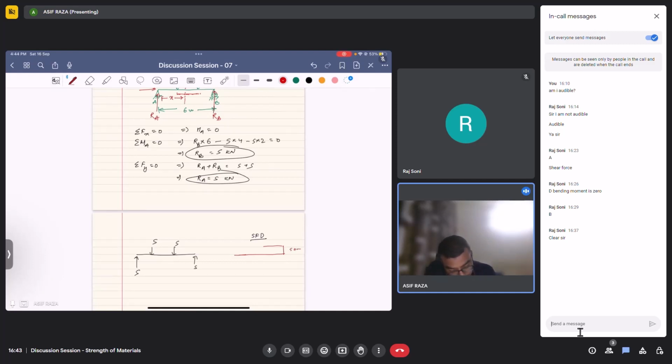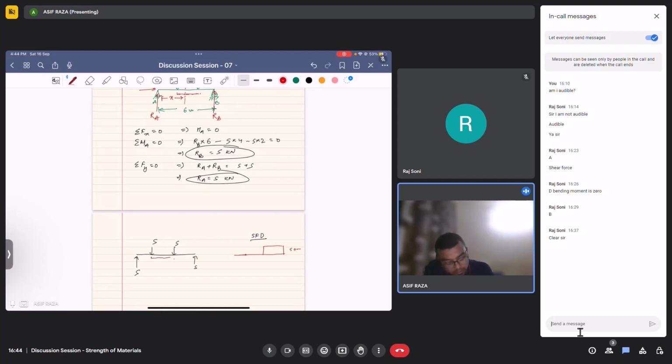Then again at this point, some part of it is negative, so 5 minus 5 will make this thing 0. Then again we'll traverse to this, and when we reach here it would still be 0.